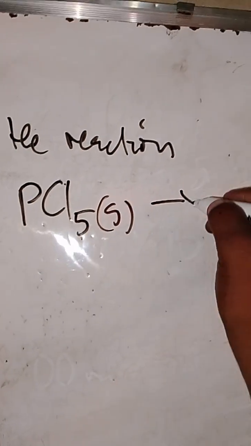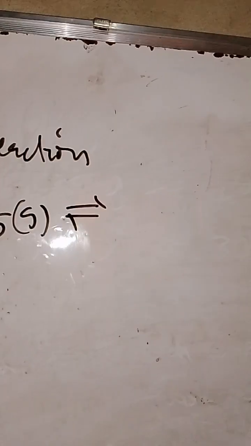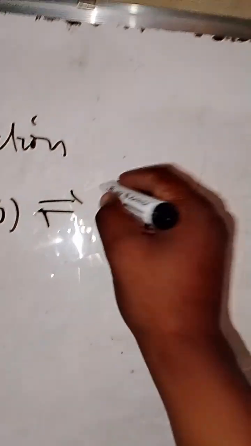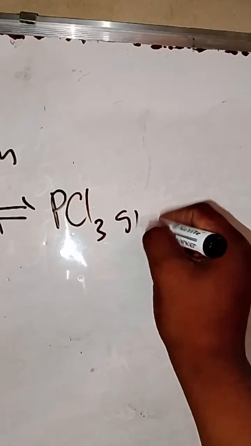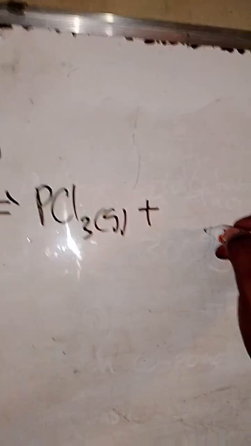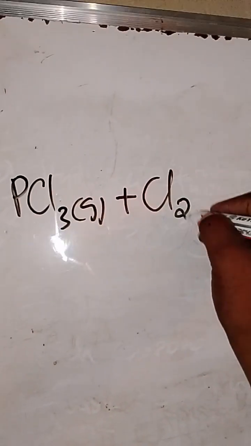For the reaction, PCl5 forms PCl3 plus chlorine gas.